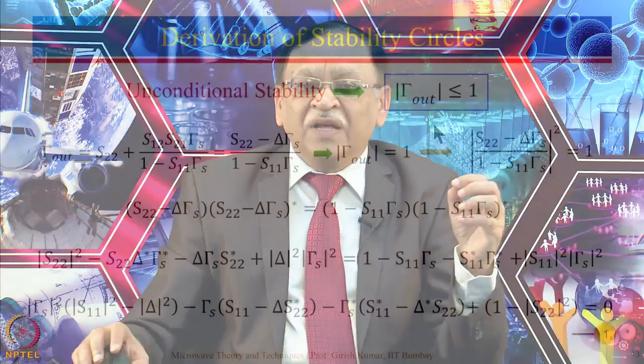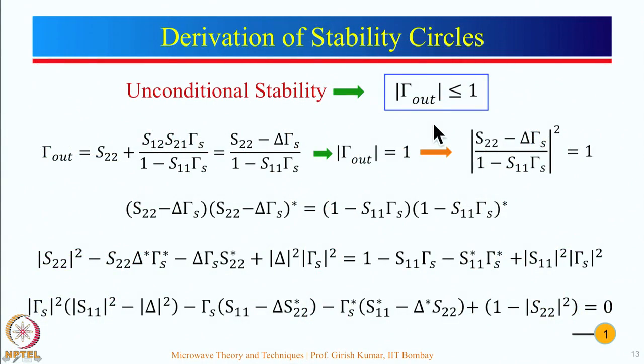We can just take a quick example here. Just imagine now, let us take an example of Z out equal to minus 10. Then what is the expression for gamma out? This is equal to Z out minus Z0 divided by Z out plus Z0. If we take Z out as minus 10, then gamma out will be minus 10 minus 50, which will be minus 60, divided by minus 10 plus 50, which will be plus 40.